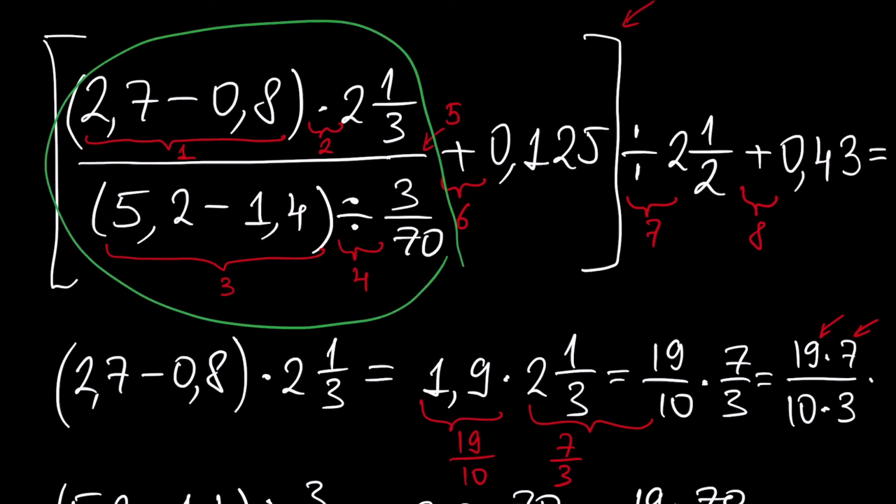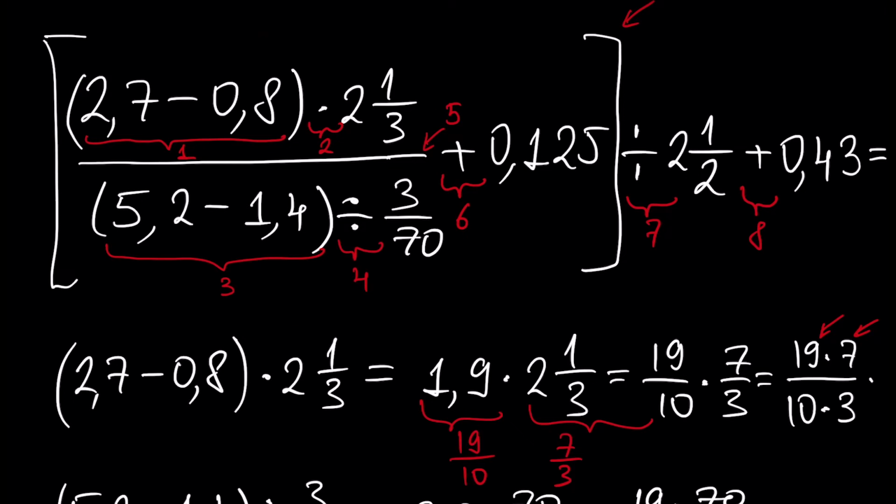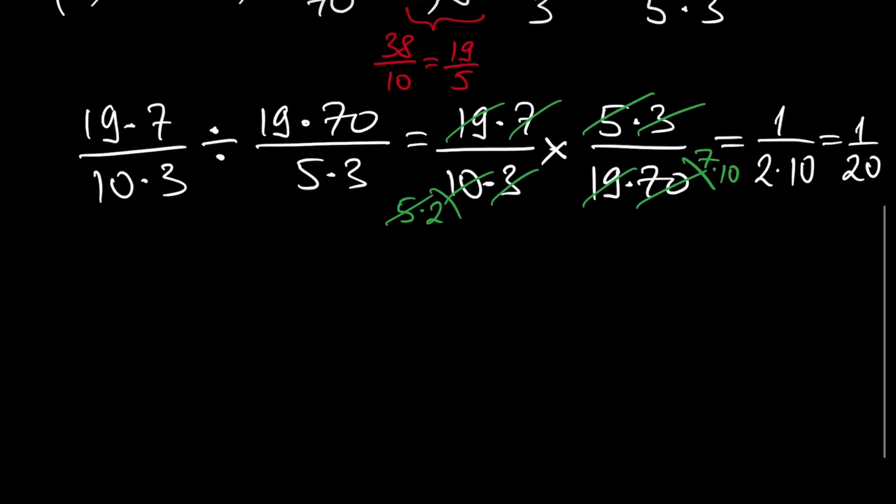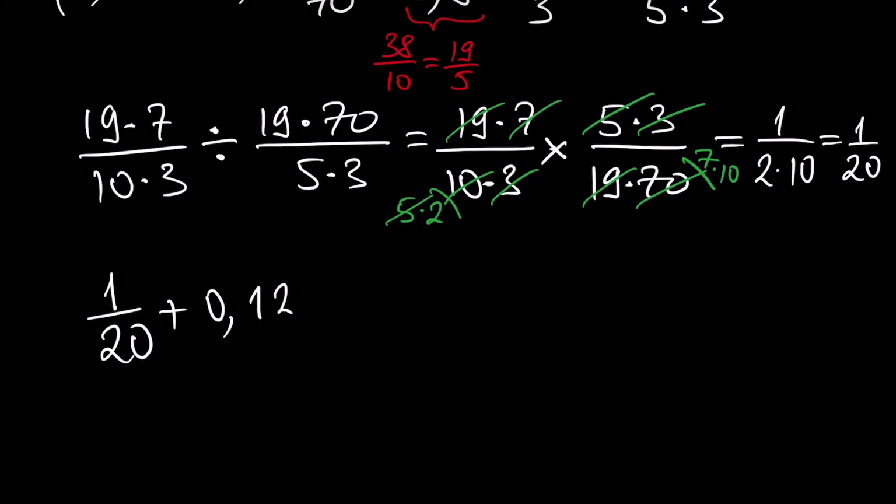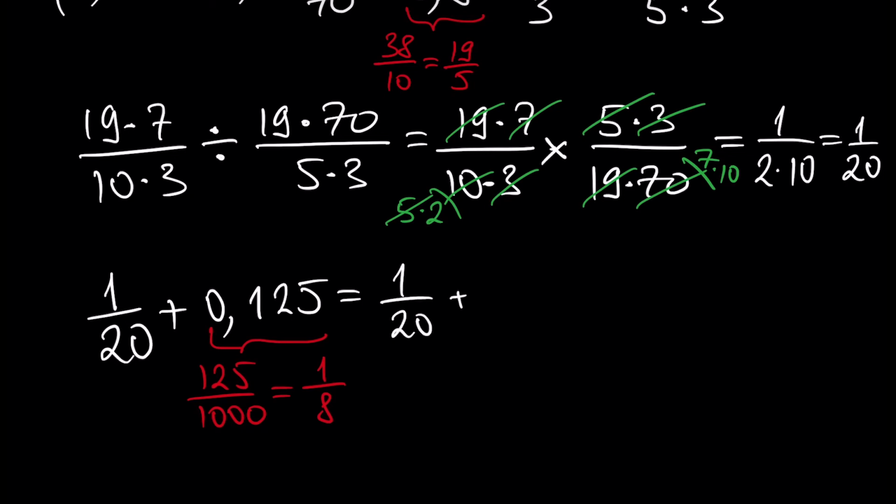So we have to perform operation number 6, and let's do it. So 1 over 20 plus 0.125. This number is equal to 125 over 1000. And if we divide both sides by number 125, we will have 1 over 8. So we have 1 over 20 plus 1 over 8.